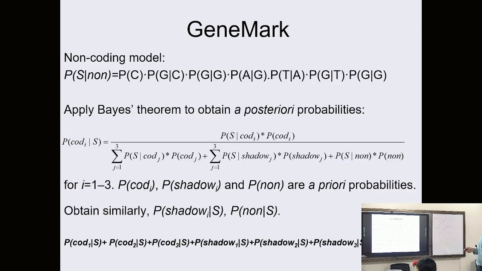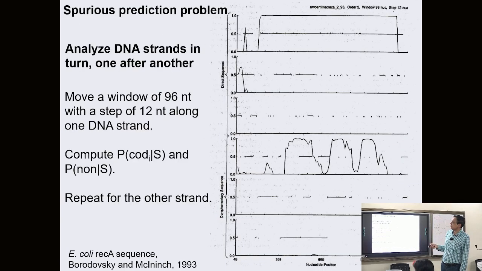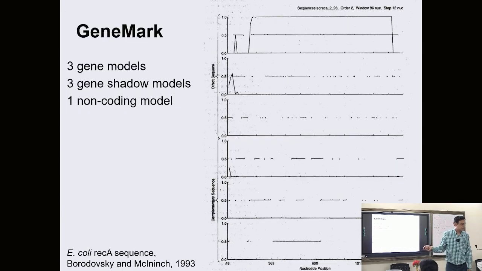So when seven models were used, then of course you compute the posterior probabilities of these seven: the probability of the sequence to be coding in one of the three frames, the probability of the sequence to be a gene shadow, again in one of the three frames, and non-coding. Okay. So when that was done, can you see the false signal is gone? It's gone.